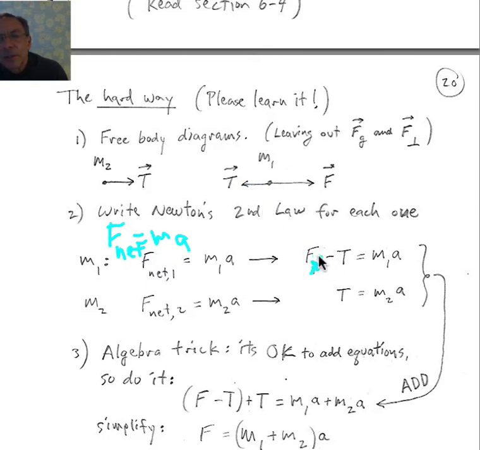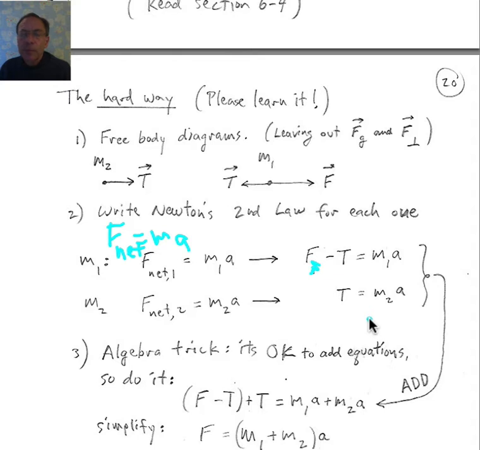So the tension takes away from the pulling force. This here is the net force, and so that's mass 1 times a. The net force for mass 2 is just the tension, so we've got the tension is mass 2 times a.